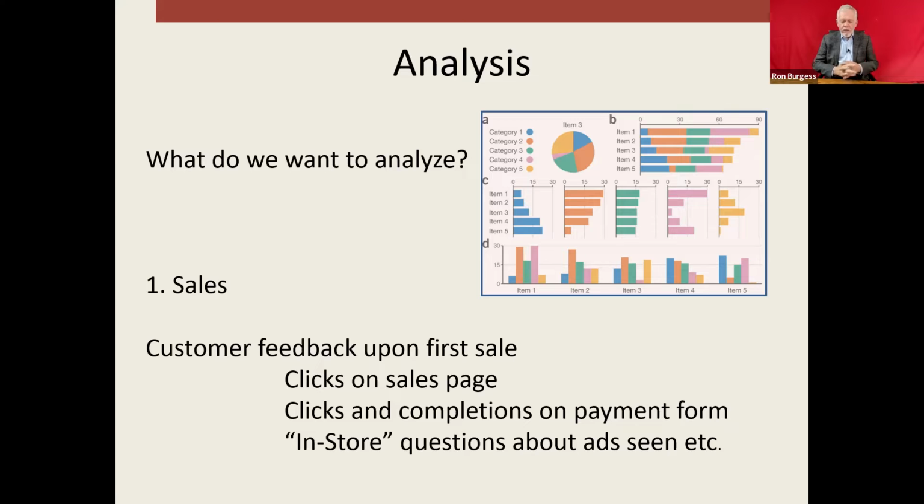One of them would be, well, how many clicks did you have on the sales page? This is if you're doing actually online business. Or it might be how many people went to the telephone number to call you with an order, or maybe send out an email or do a chat. And then the next thing you want to look at is, well, okay, how many clicks and completions did we get on the payment form?